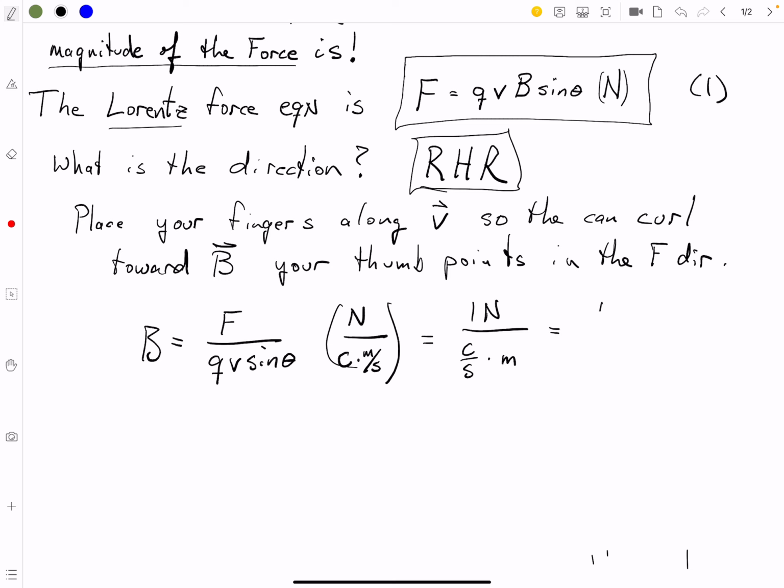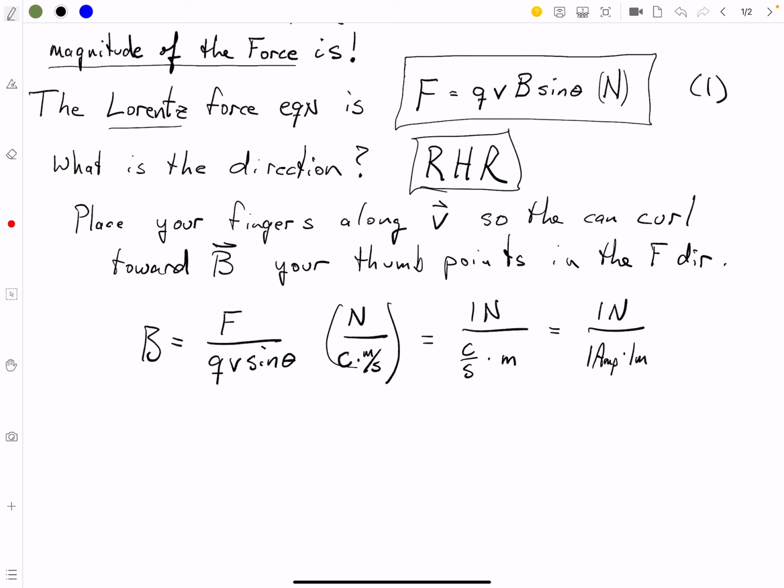So we end up with 1 Newton over 1 amp times 1 meter. That is the unit for a B field, but that's ugly. Nobody likes that. So we say that it equals 1 Tesla.